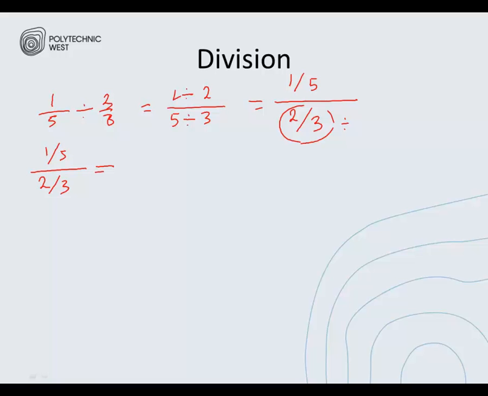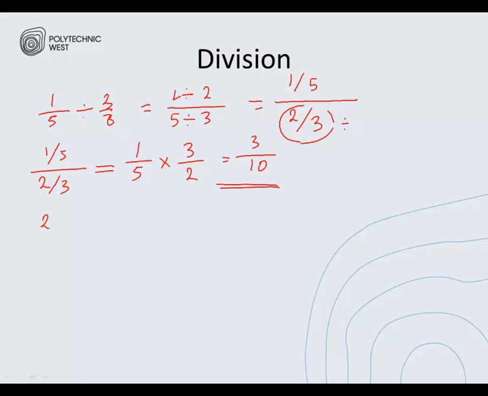Now instead of having it underneath and dividing, I'm going to turn it upside down and multiply it. 1 over 5 times turning 2 over 3 over gives me 3 over 2. And that's just a multiplication. So it's 1 times 3 is 3. 2 times 5 is 10. That's my answer.